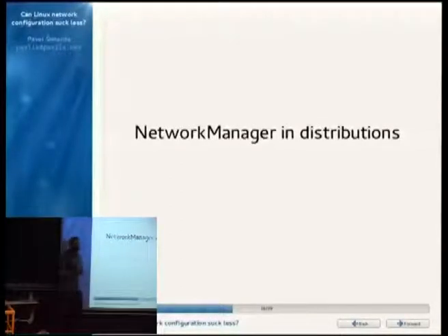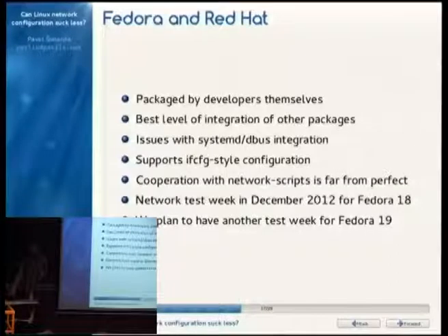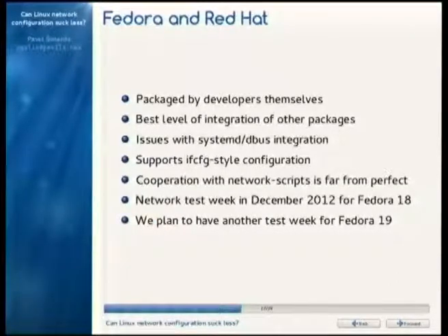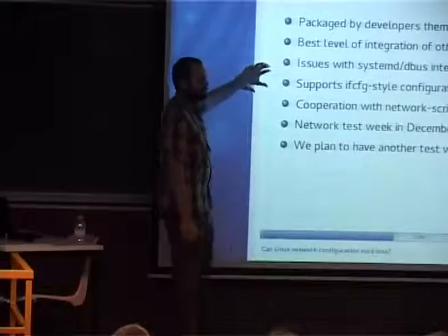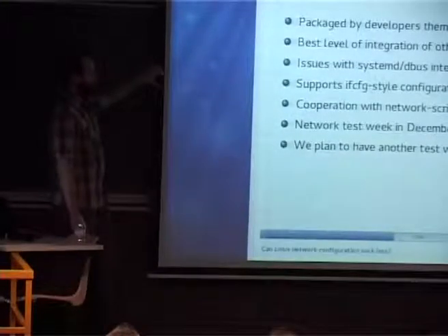So let's move to the actual usage of Network Manager in distributions, because this is quite an interesting part, as for some reason or other the project decided to support various types of configuration files. For example, in Fedora, which is like a mother distribution for Network Manager, we are not even using the internal structure of Network Manager for configuration or the default configuration format.